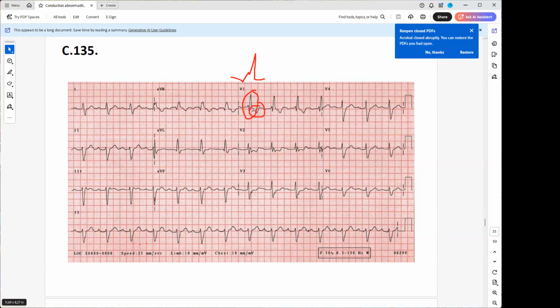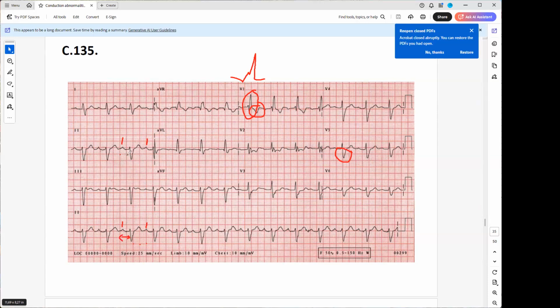So yes, you have a widened R wave, but you don't have any P waves before. We do have P waves. So there's no block in the atrioventricular conduction? Yes, we do, because that's longer than 0.2 seconds.